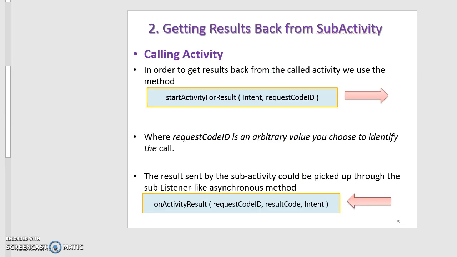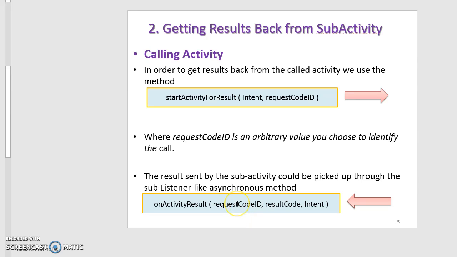Once we have called start activity for result, the sub activity will be sending some data back. In that case, our main activity must also implement one more method, onActivityResult. Whenever the result comes from the sub activity, this method will be called, and it will have three parameters: request code, result code, and intent.